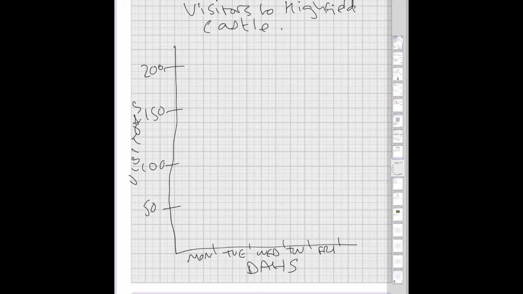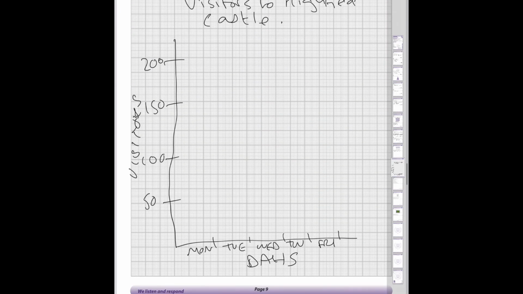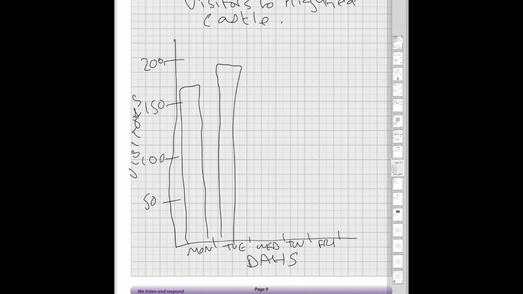So you'd have a title, as I say, these lines would be straight, you'd have a ruler to be able to do this properly, but it just gives you an idea. So Monday is 165, so you know that's just above there, so you'd do a block off to about there. Tuesday is 195, so that'd be almost 200, so you do a block to there.